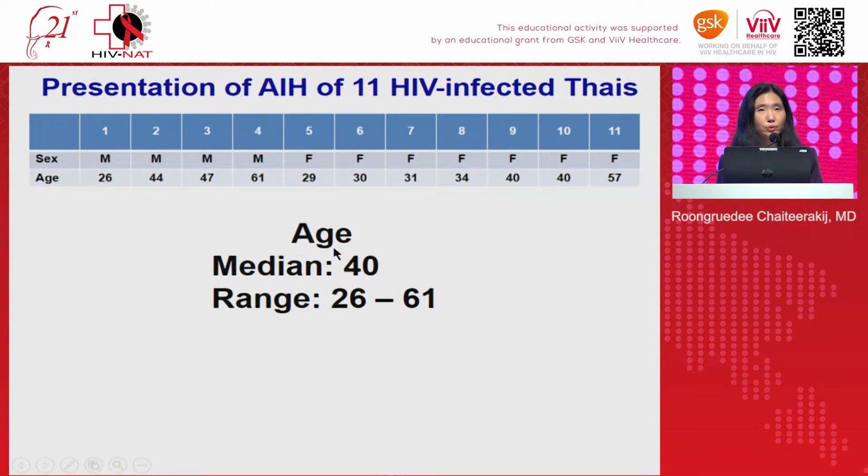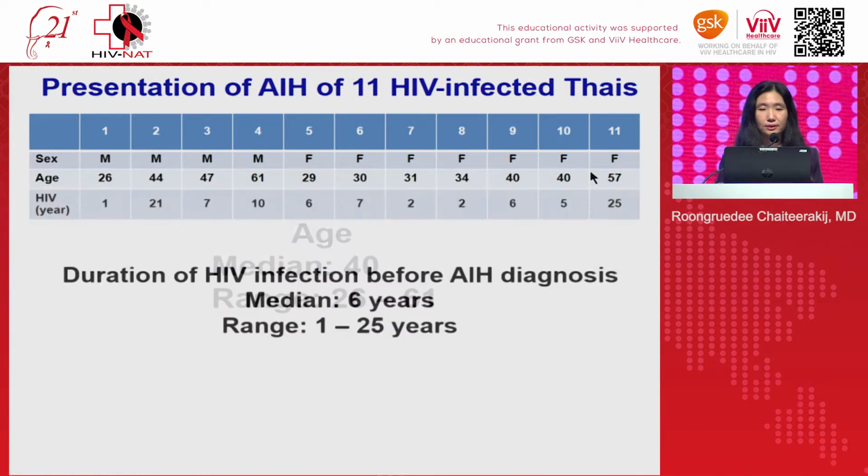For the age at presentation of AIH, the median age was about 40, and it could range from 20, 30, 40, or 60. For the duration of HIV infection before the AIH diagnosis, the median time was about 6 years, but it could be just 1 year, 2 years, or as long as 10 years or 25 years.